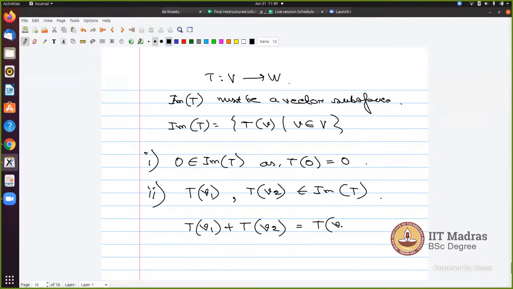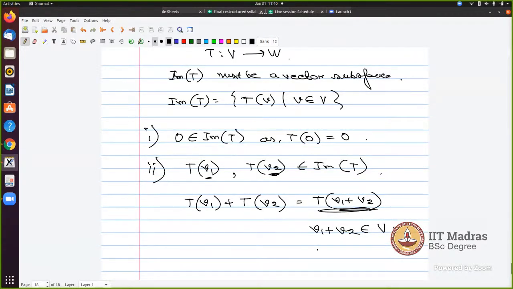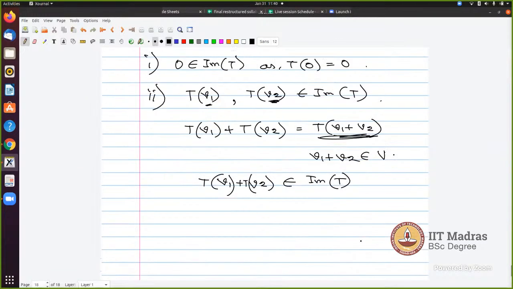This is T(v1 + v2). Now v1 belongs to V and v2 belongs to V, so their sum must belong to V. So this is the image of v1 + v2, and so this sum is in the image. And what about scalar multiplication?